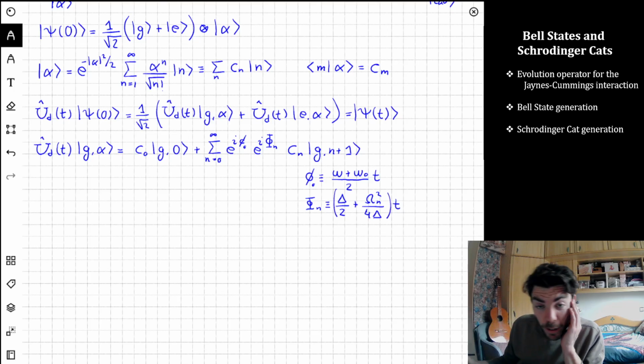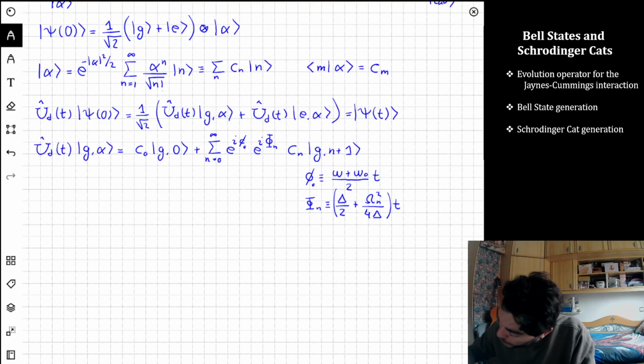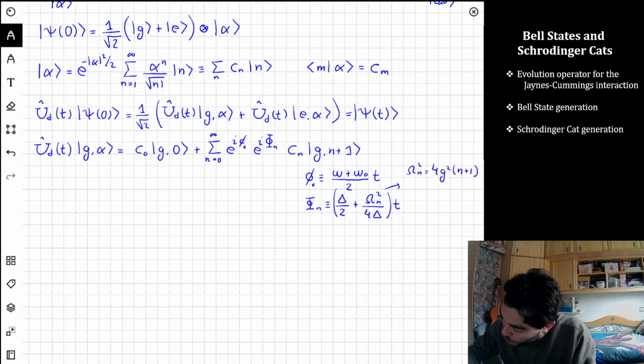So these phases depend on time. Be careful, because I'm not writing it explicitly. And the second phase in particular depends on n, but it depends on n linearly, because omega_n squared is 4 g squared times n plus 1, just by the definition of omega_n.